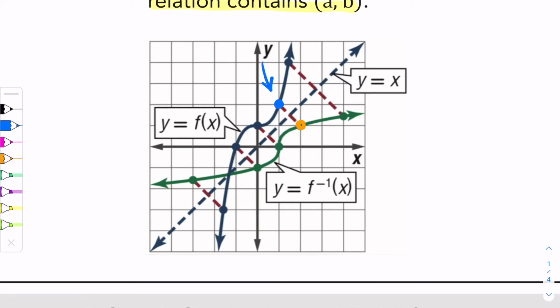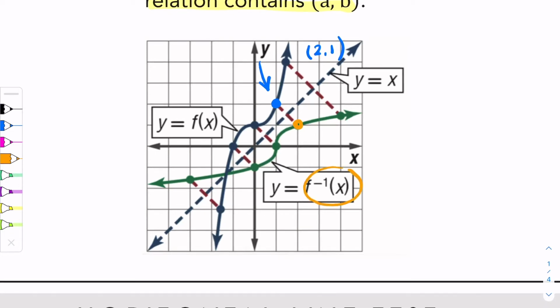That point right there is at (2, 1). It's actually the same point that I just talked about. The orange point is on the inverse function, and that point's at (1, 2). You can see that those points are switched x and y variables.